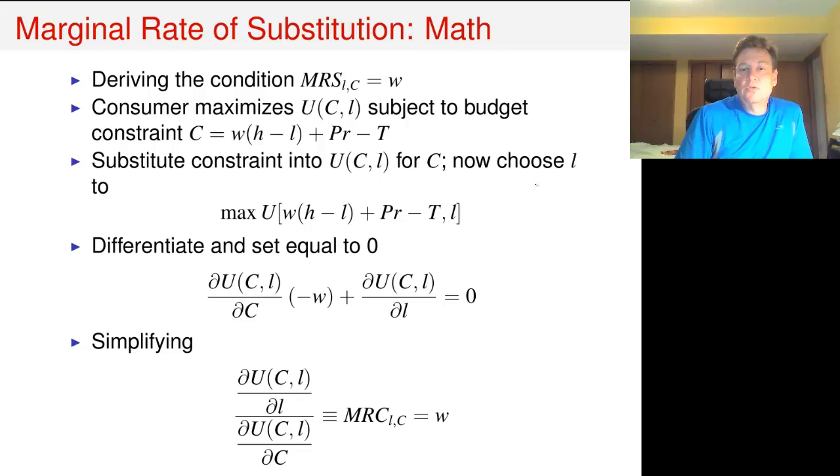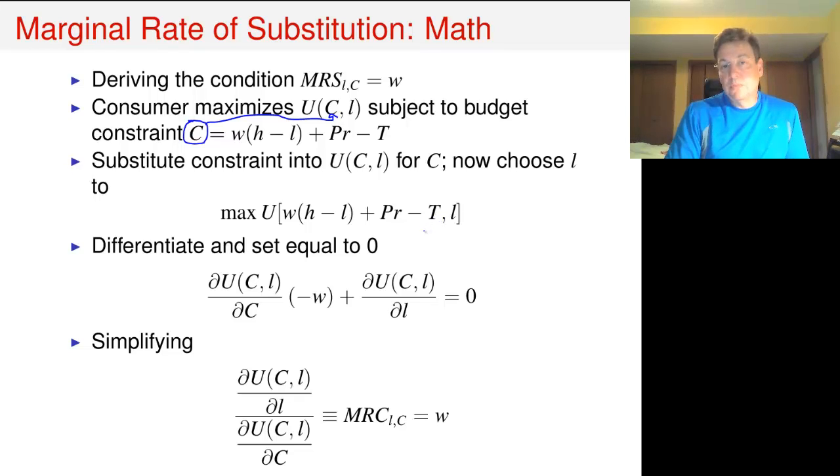So let's just do the math for a second, and then we'll get into the economics. You can describe what the consumer is doing as maximizing this function, U of C, L, subject to the budget constraint. But now what you can do is use the budget constraint to substitute for C into the utility function. And then the consumer is now just choosing L in order to maximize this.